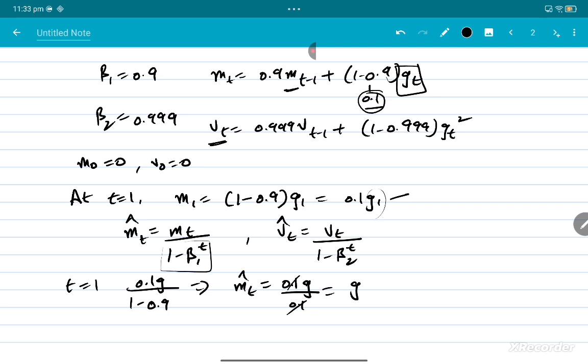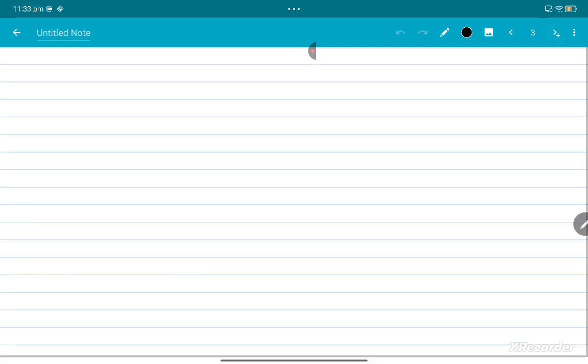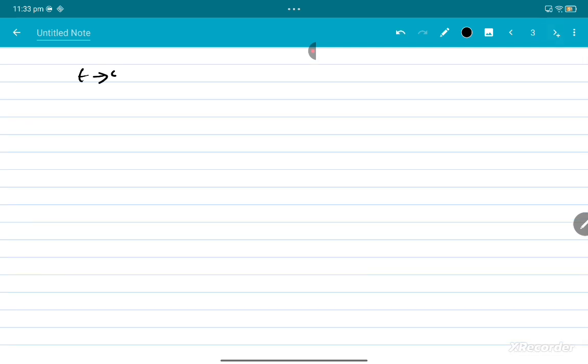and we have g. And if you see, as t approaches infinity, or for a very large t, since both beta 1 and beta 2 are less than 1, this correction ultimately approaches m_t and v_t.